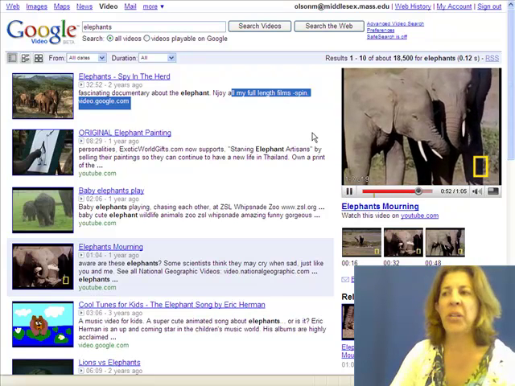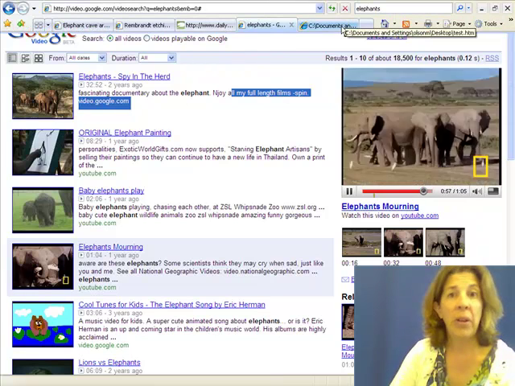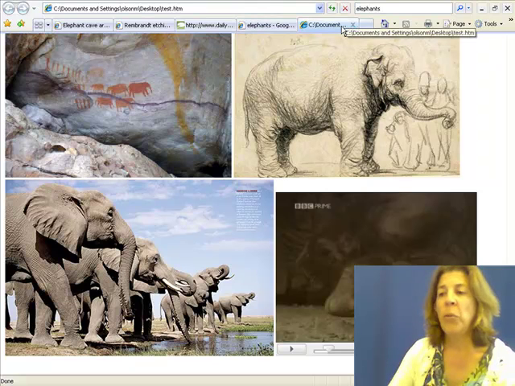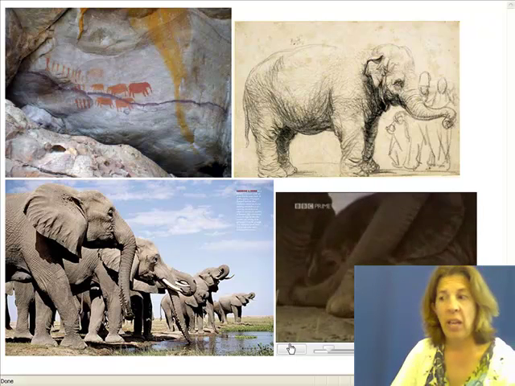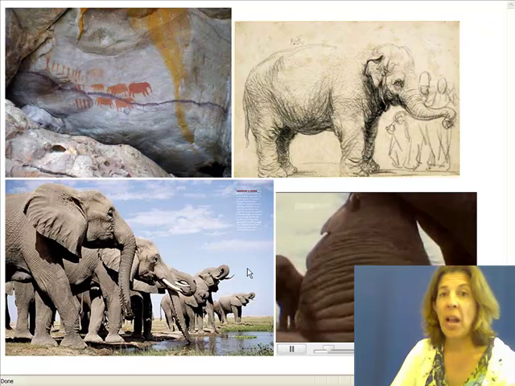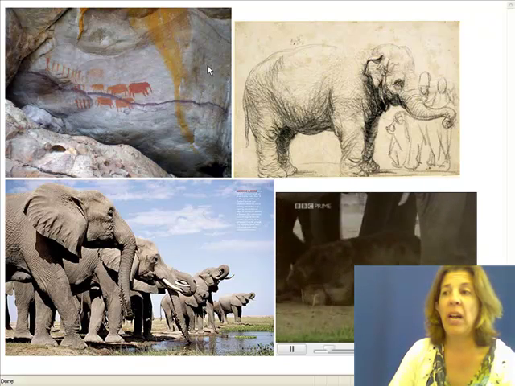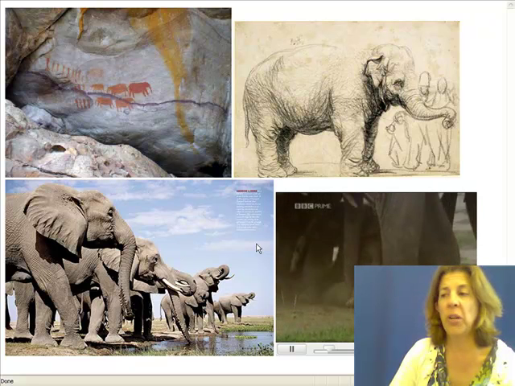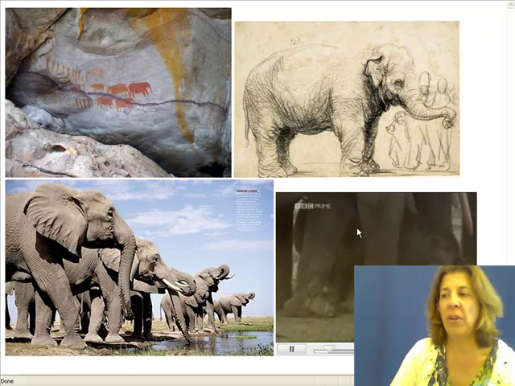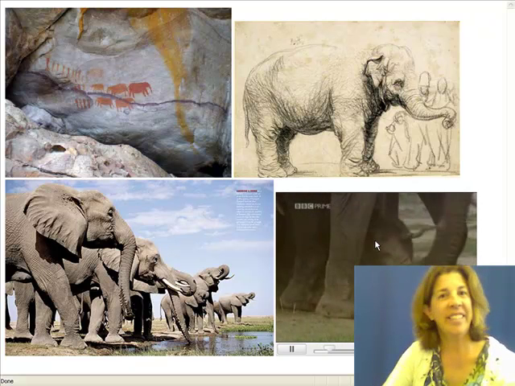But Bolter and Grusin say that there's yet another problem, another part of their theory. When we start to experience too many forms of media at once, we lose the transparency, and instead we experience hypermediation. Right now you can see the cave art and Rembrandt's drawing and the photograph of the elephants at the watering hole and a videotape of a family of elephants, and you're also watching me and listening to me.